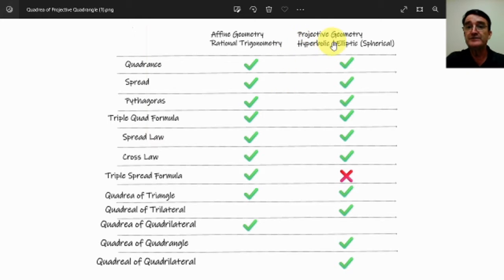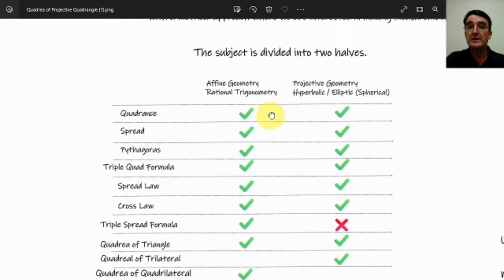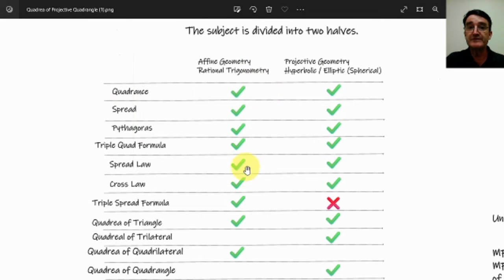In projective geometry, there is a framework of universal hyperbolic geometry and elliptic or spherical geometry. And we have formulas that have been discovered for these geometries, in both affine geometry and projective geometry.